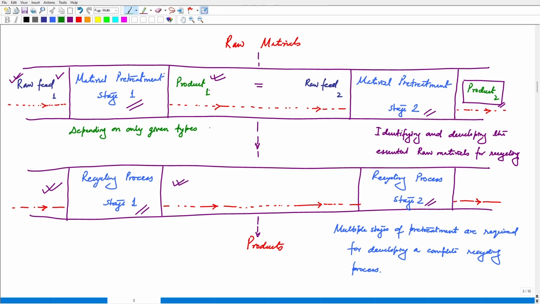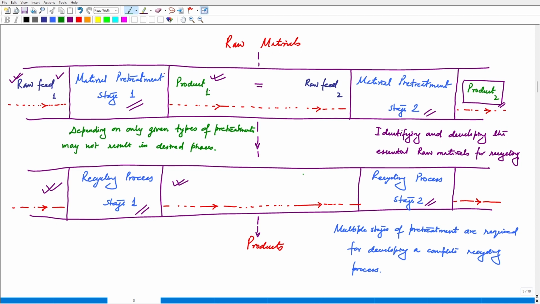Depending on only given types of pre-treatments may not result in desired phases.